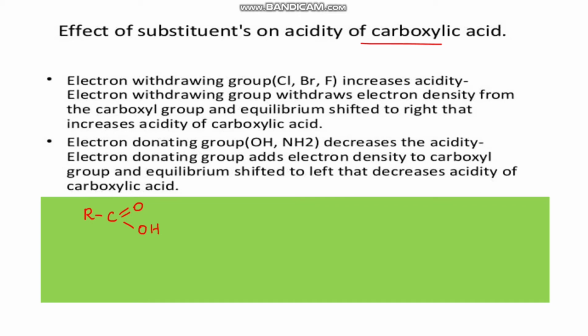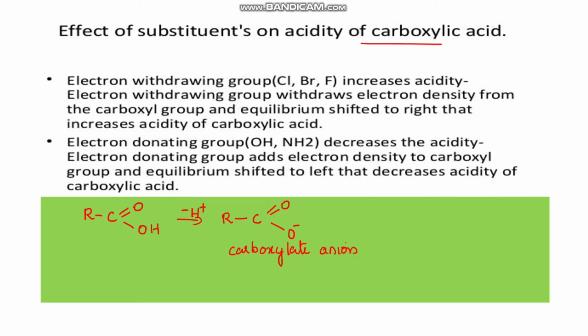Acidity is the ability of a compound or molecule to lose an H plus ion. So what happens if an H plus is lost from this carboxylic acid? We get RC double bond O O minus. Since the H plus is lost, we have O minus. This is known as a carboxylate anion.